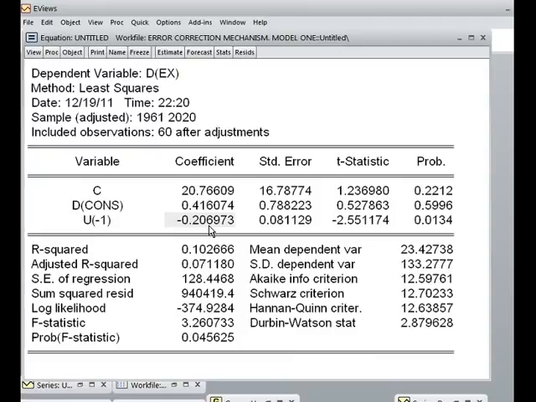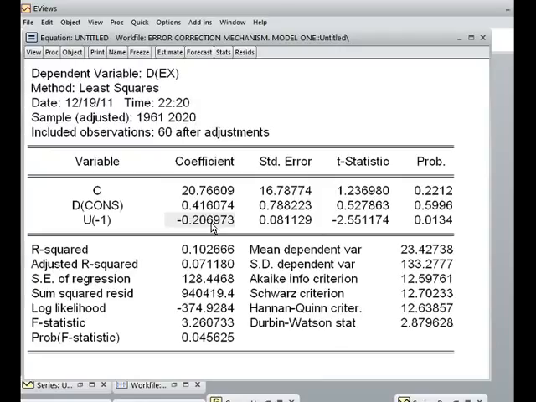Here we have the annual data, right? The data we are using in this model is annual data. So the error correction term, she is correcting the disequilibrium at the rate of 20.69% annually. Speed of adjustment is 20.69% annually. Right.